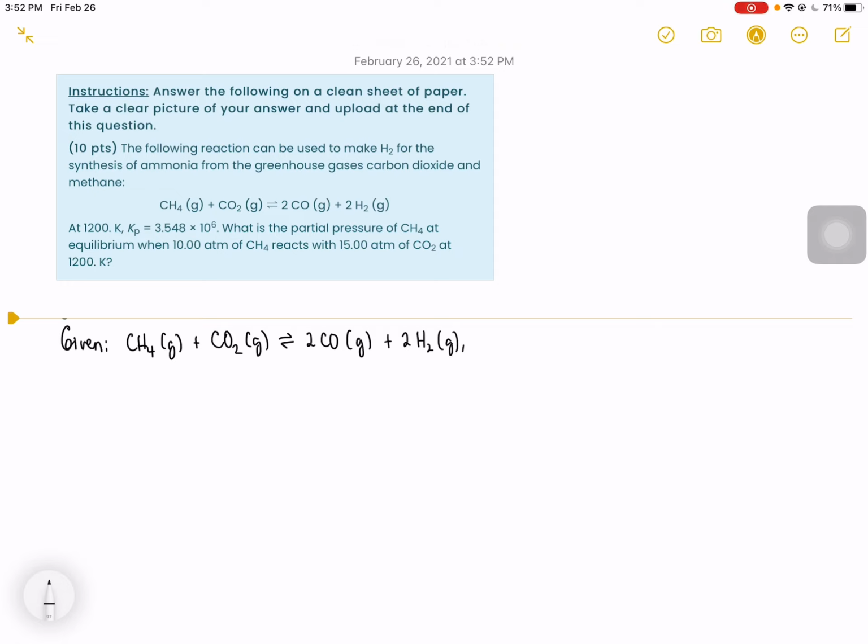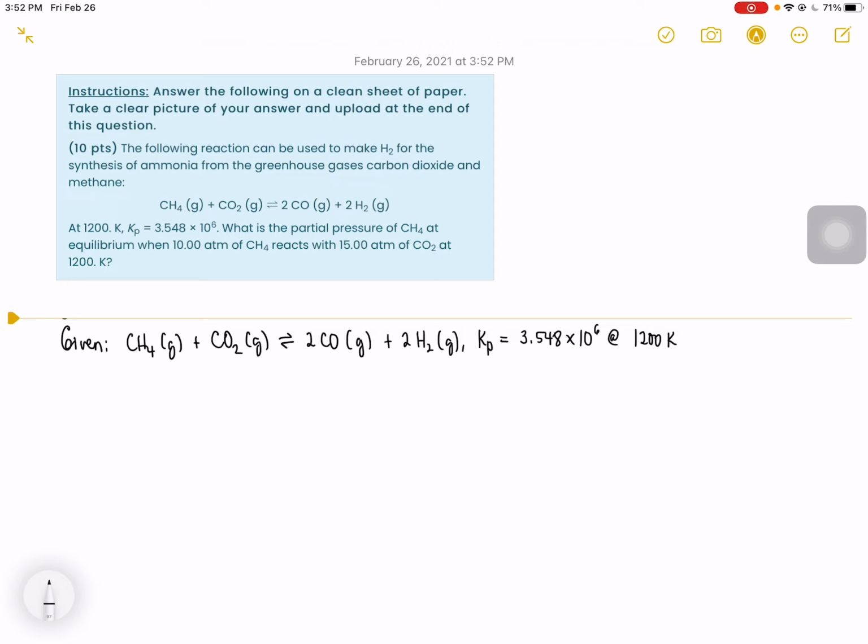For this particular reaction, its equilibrium constant K sub B is given to be 3.548 times 10 to the power of 6 at a temperature of 1200 Kelvin.